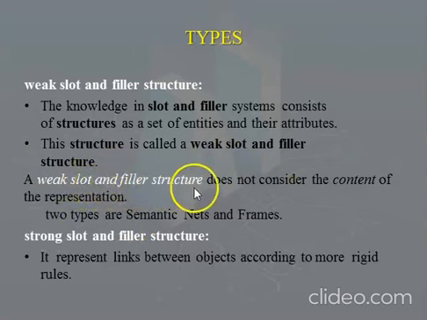A weak slot and filler structure does not consider the content of the representation, and it has two types, that is semantic nets and frames. On the other hand, strong slot and filler structures represent links between objects according to more rigid rules.